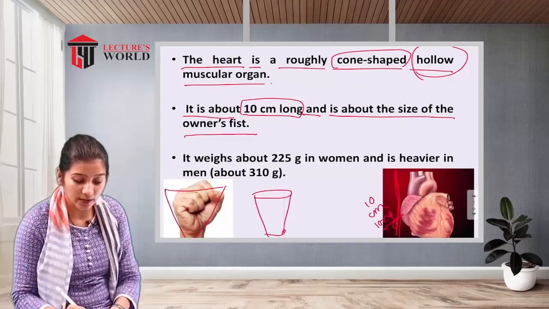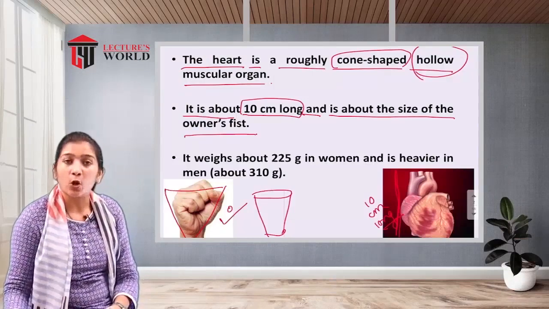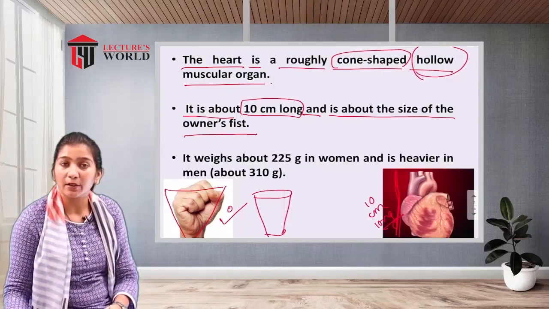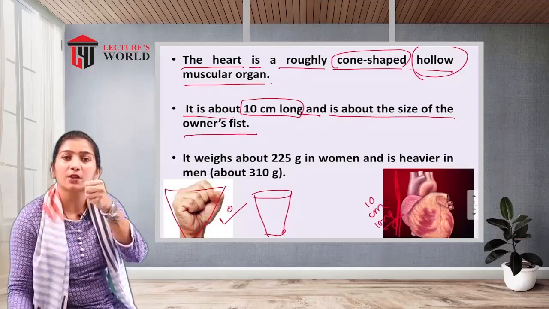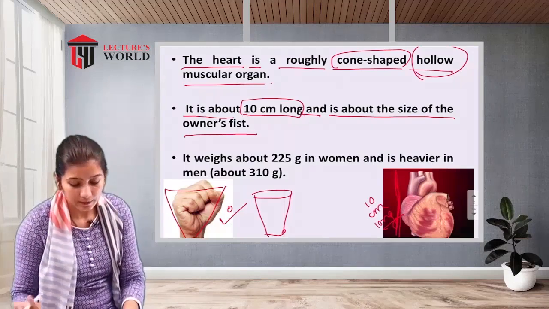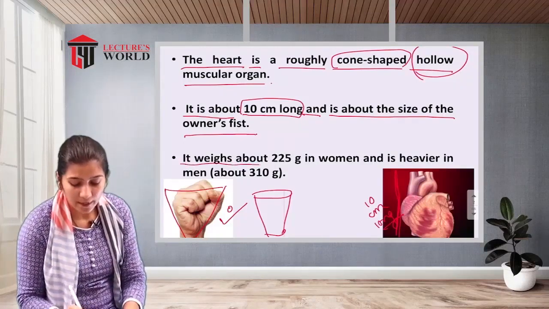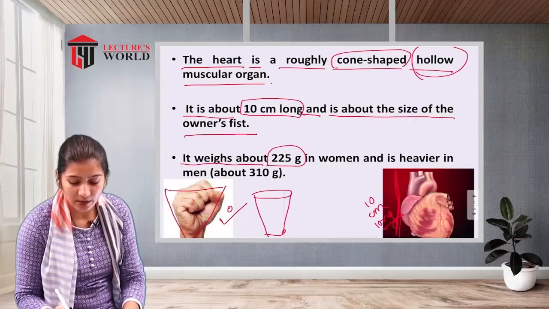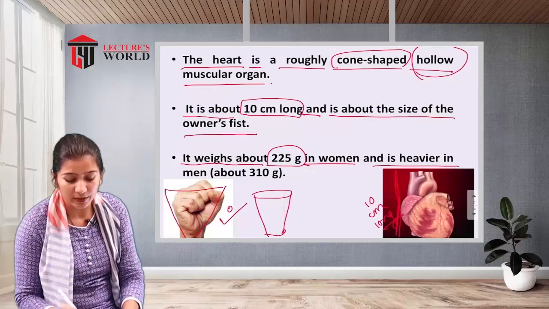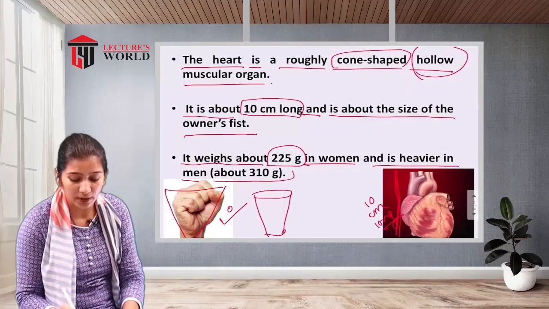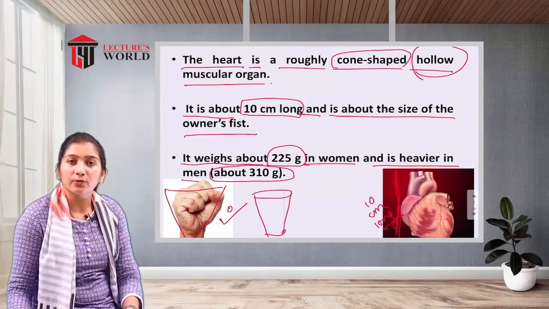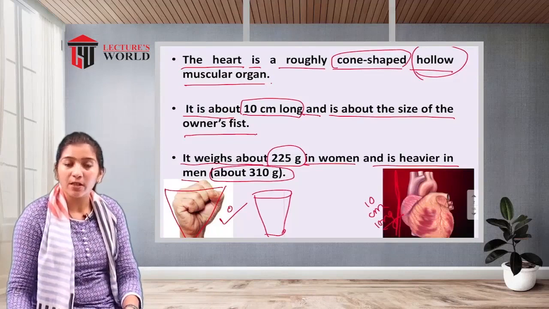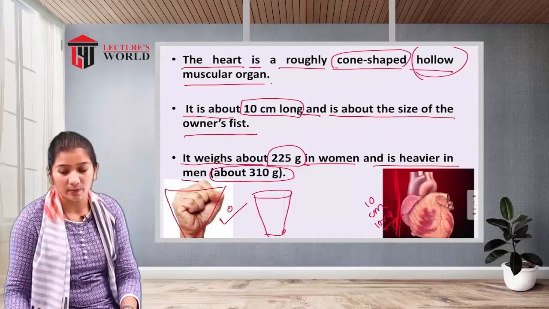As you can see, the size of my heart is based on my fist. The weight is about 225 grams in women and heavier in men, about 310 grams in males.